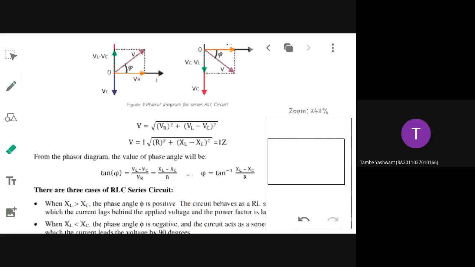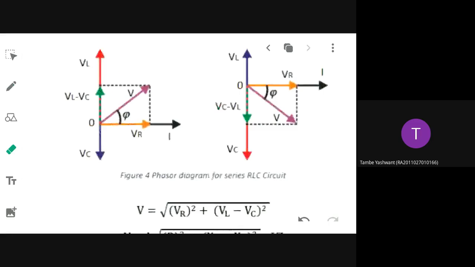Next comes how to draw the phasor diagram. As I have told you, two cases you have to consider here. One when XL is greater than XC, and the next case XC is greater than XL. The first diagram is for XL greater than XC, that is, the circuit is more predominantly inductive.